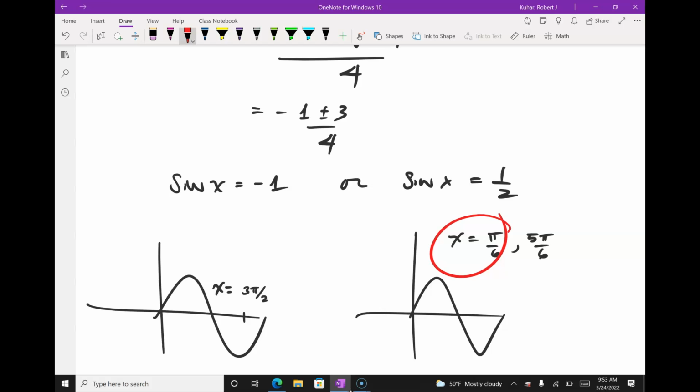Everything else is bigger than pi over 2. 3 pi over 2 is obviously bigger than pi over 2, right? And remember, I'm only in quadrant 1, so pi over 2 is only dealing with that part of the sine function. So my only critical value is pi over 6. Do I have any agreement?